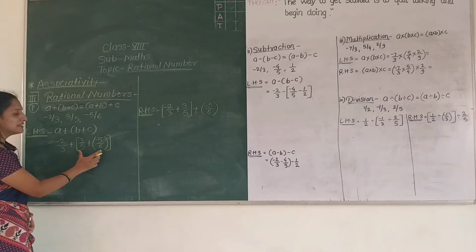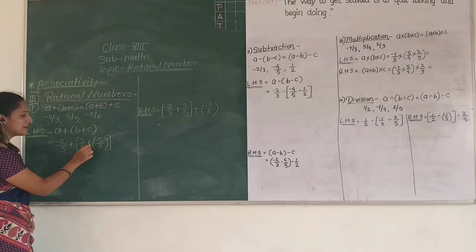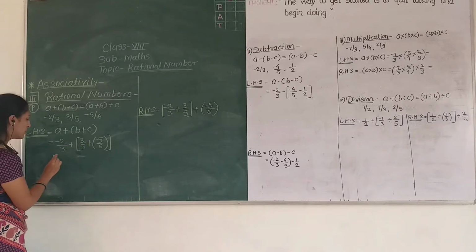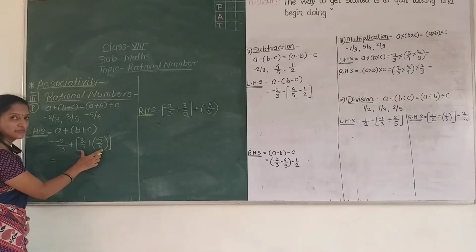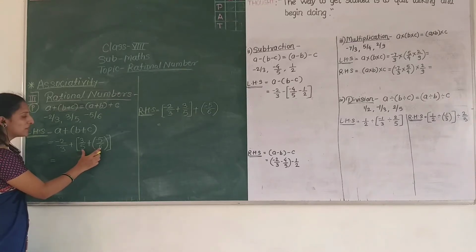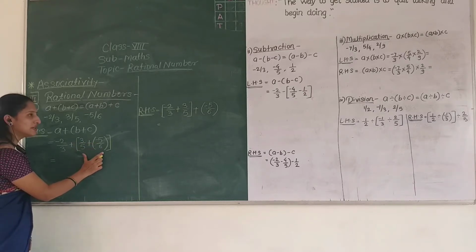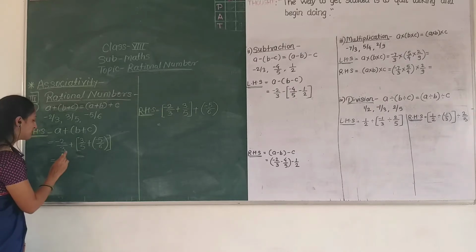In the bracket there are two fractions and the middle sign is plus. Okay. So look at these two fractions. Here the denominator is different, right? So if the denominator is different, then we have to take cross multiplication. We have to equalize the denominator. For this we take cross multiplication.